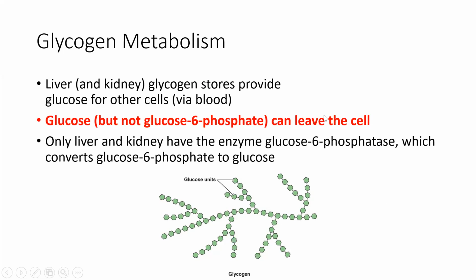Now, the caveat here is that only the liver and kidney have the enzyme that can allow this to leave the cell. So only glucose in its original state can leave the cell, go into the bloodstream, and be used by other cells. And so it cannot do so in this form, glucose 6-phosphate. It must be reconverted back to its original form, glucose, in order to leave the cell and be metabolized elsewhere. And so only the liver and the kidney have the enzyme that can do that.